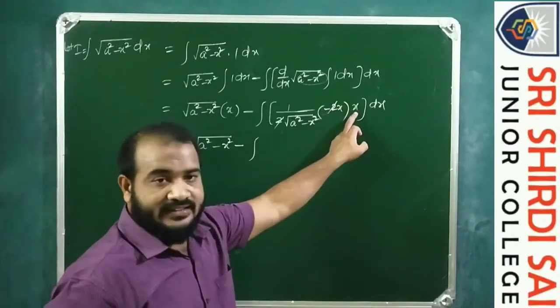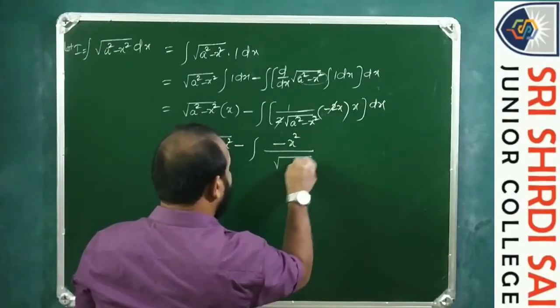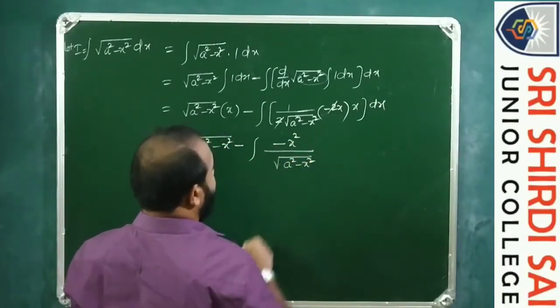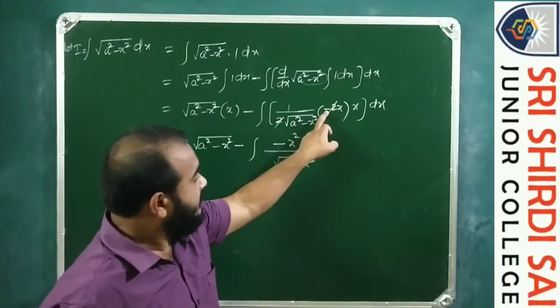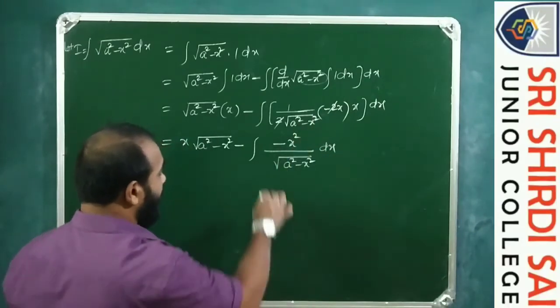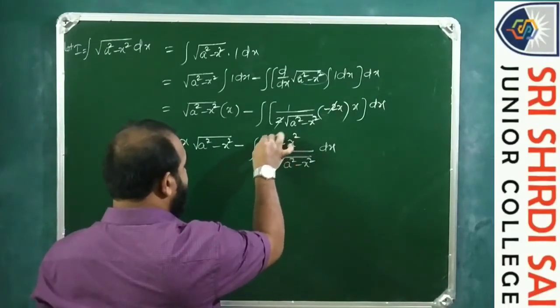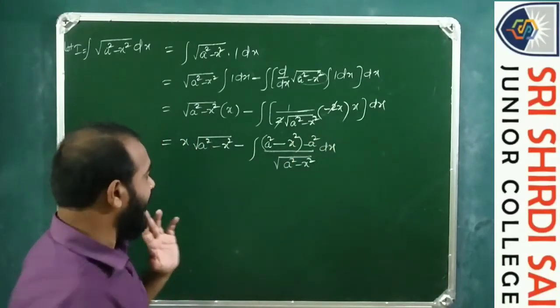x into x square. This is minus x square by square root of a square minus x square dx. Here let us add and subtract a square without loss of generality.